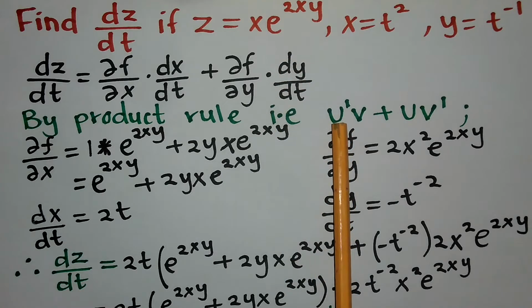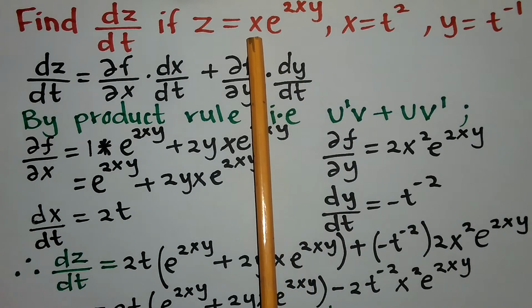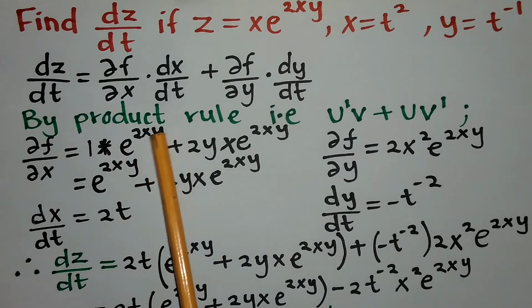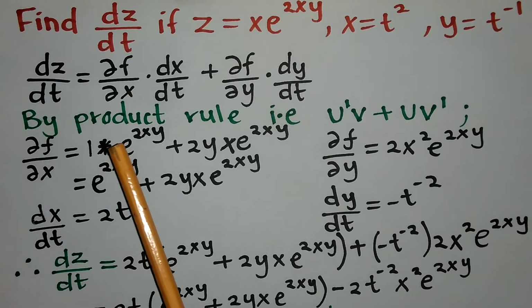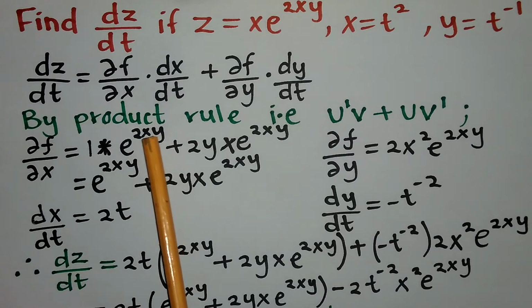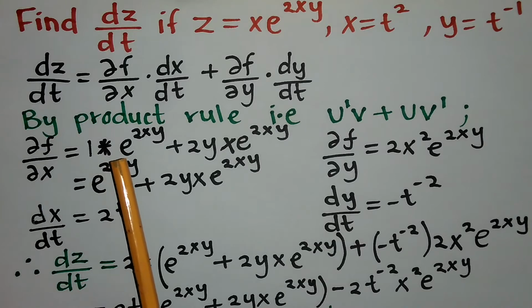So the derivative of u, that is the derivative of x, is going to be 1. So 1 times v is going to be exponential 2xy. The reason I used this sign is because if I had to use x, it would look like this. So this one generally denotes a binary operation.